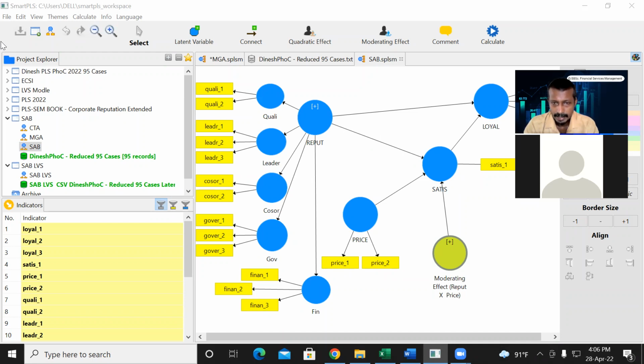Then today, session number 3, the last session, we are talking about 4 basic but very important things. One thing is about mediation. Maybe some of you might have already done mediation analysis. Sometimes in SPSS, you know how to do that. The same process you can practice. That is one approach, we call the hierarchical linear regression approach.